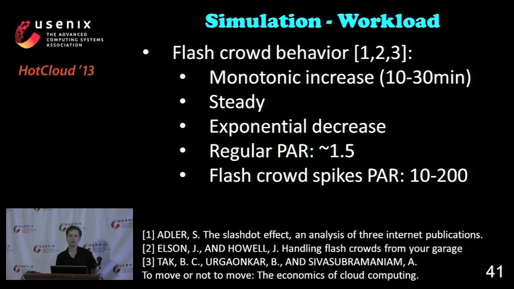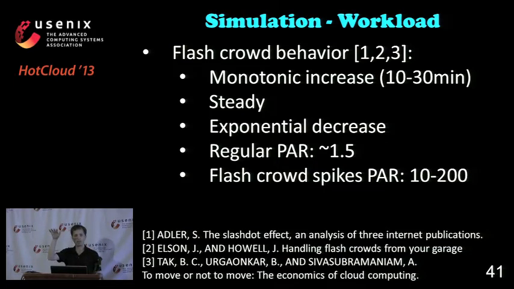So this is greedy, a very direct algorithm, and we simulated this. Again, we concentrate here on flash crowd behavior. This is from analysis of flash crowd behavior on accesses to sites. It's more or less a monotonic increase, lasting between 10 and 30 minutes in these studies.